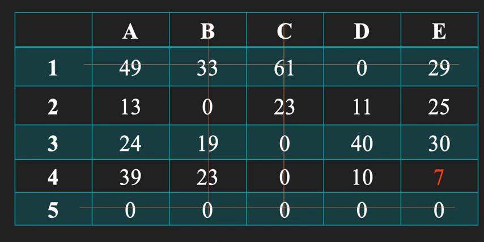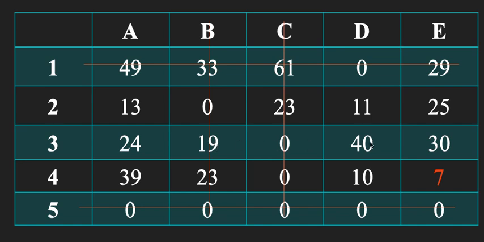This will remain the same, this will remain the same. 11 minus 7 is how much? It is 4, right? Then 25 minus 7 is how much? It is 18. Then 24 minus 7 is how much? It is 17. Then 19 will remain the same, 0 will remain the same.